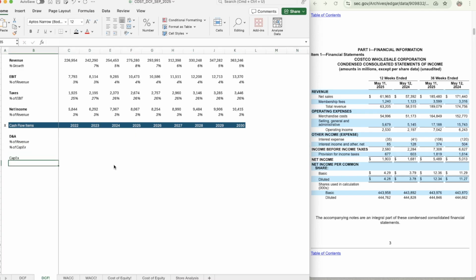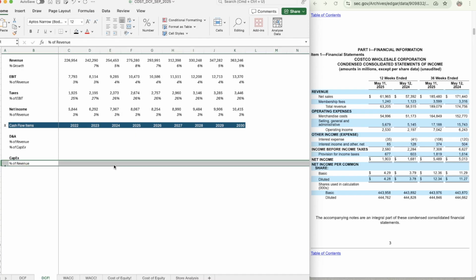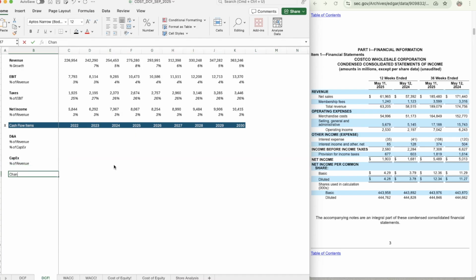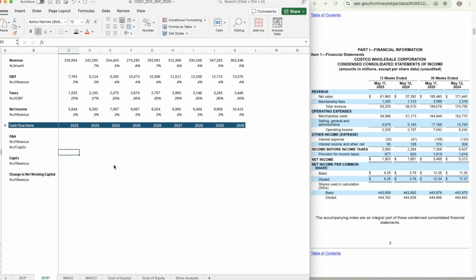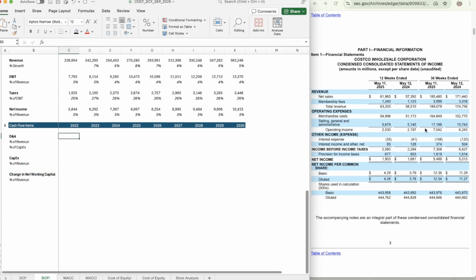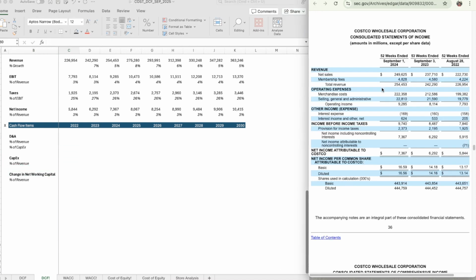Then we have CapEx, and then the change in net working capital.